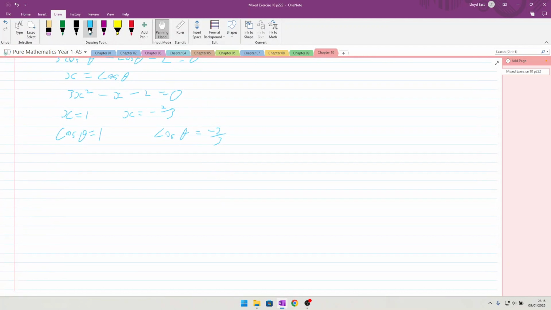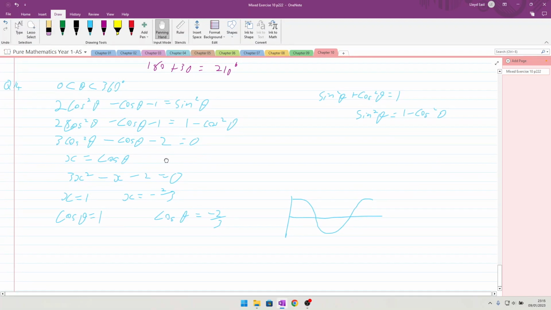Quick look at the graph. Cos drops like this. Now, little note here. They wanted to know what this was between 0 and 360 degrees, okay, but not equal to.